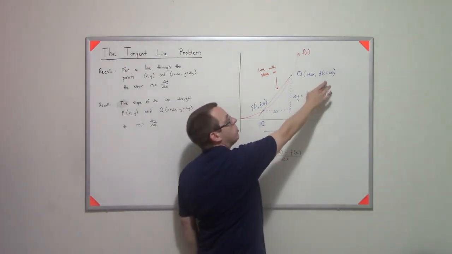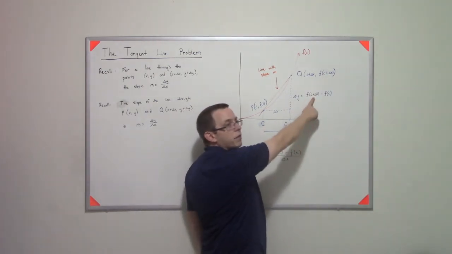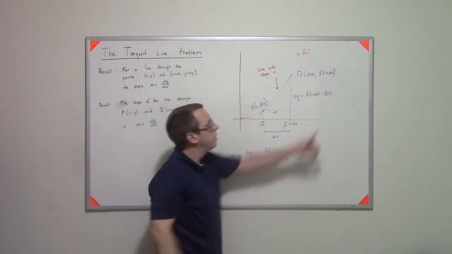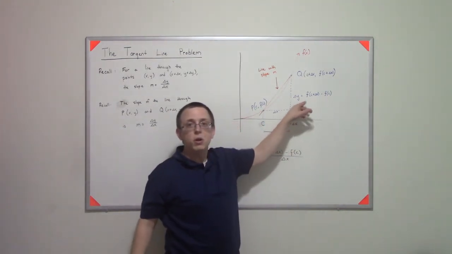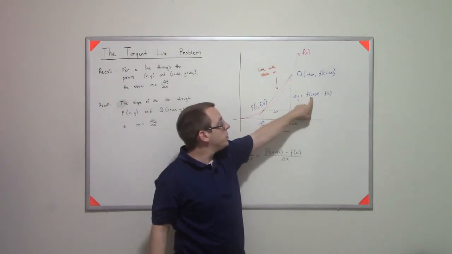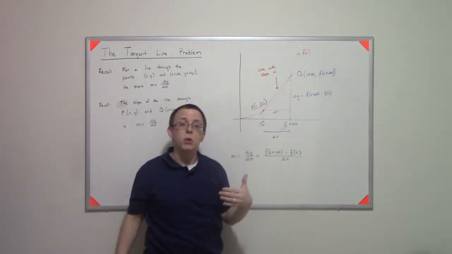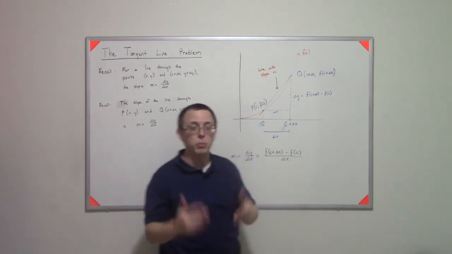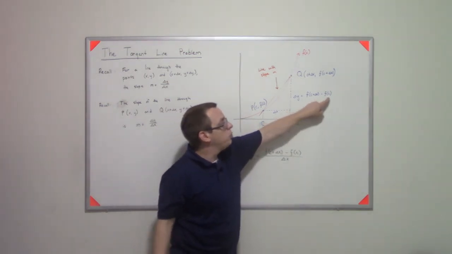The y value for this one is f of c plus delta x. The y value for this one is f of c. So delta y is simply the second value minus the first value. That's like y2 minus y1. I know I said we were getting away from it, but that's the idea.